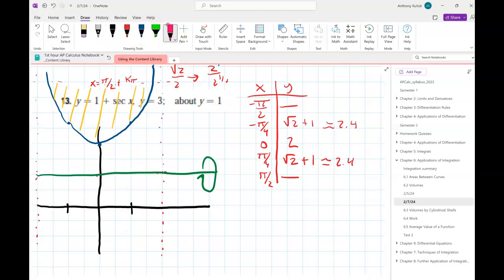Let's just use this one. So let's say here, that would be my inner radius, right? Since it's going from the axis of rotation to the nearest edge, or the boundary, of my shaded area. Everybody agree?